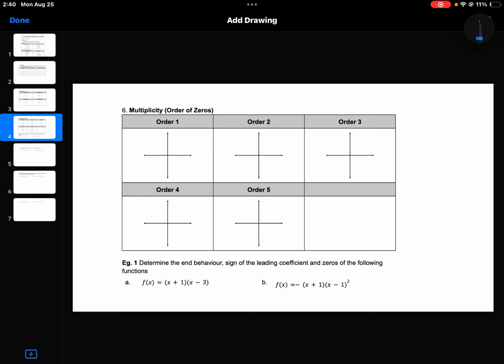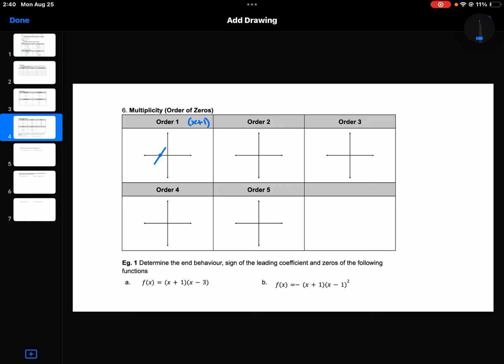The last criteria that you need to know for sketching is called the multiplicity, or the order of zeros. This describes how the function behaves when it crosses the x-axis. So something with an order of 1 would be a factor that looks like this. This crosses the x-axis just like a line would.